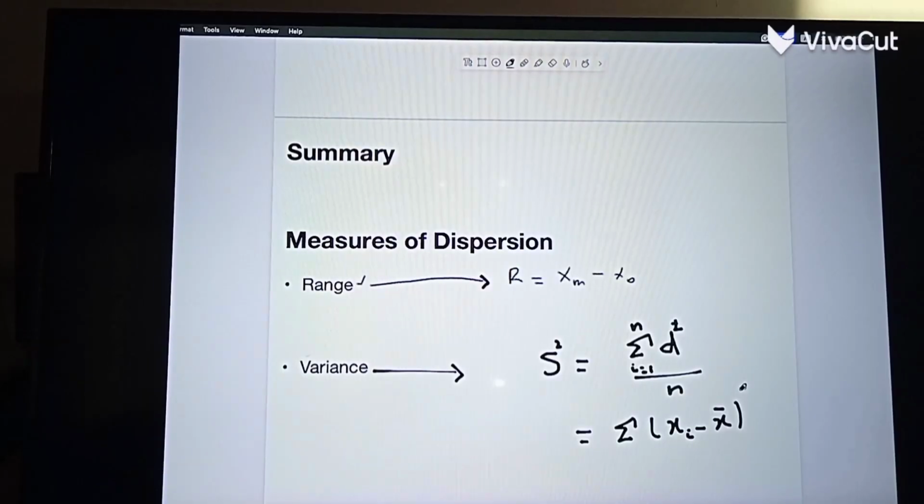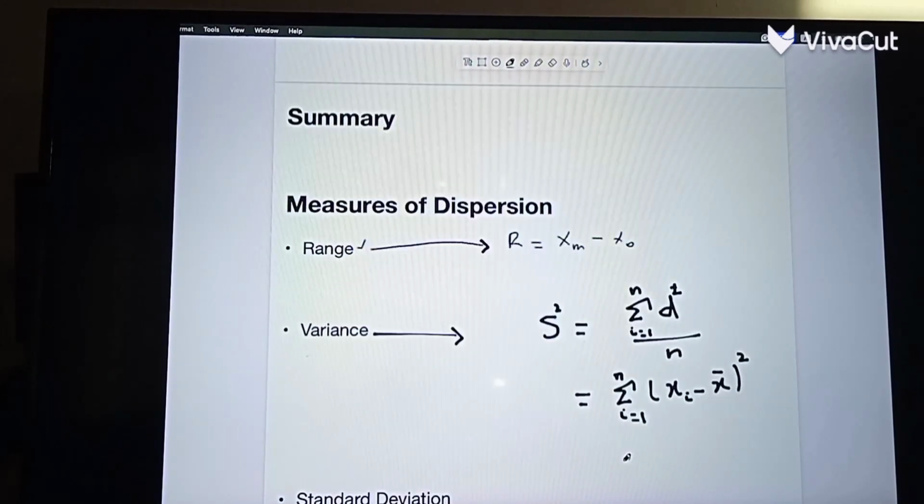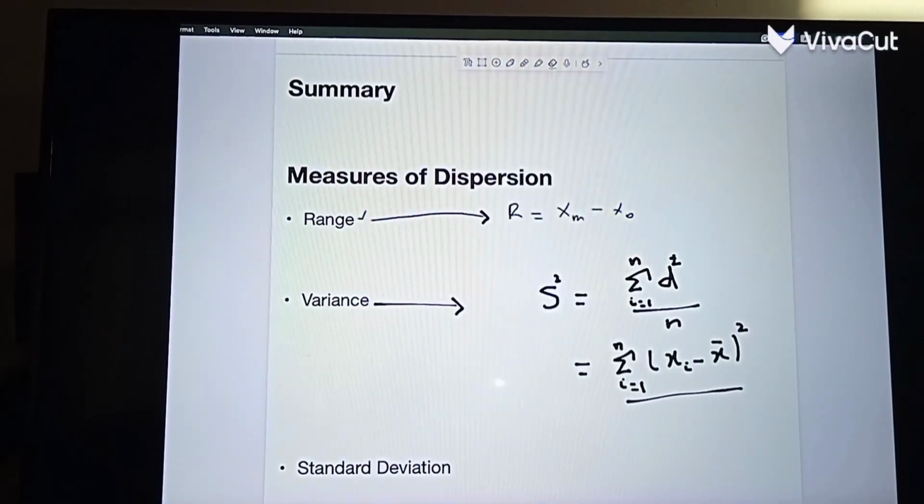So you will take its square. This d is actually xi minus x bar, where i is from 1 to n. Values of x will be changing, but the mean will remain constant because you have to calculate the mean from that data.